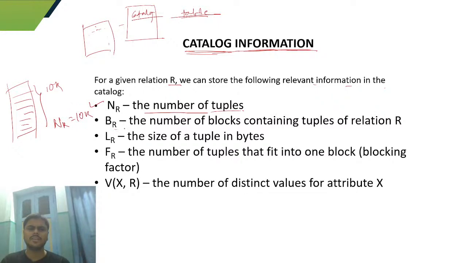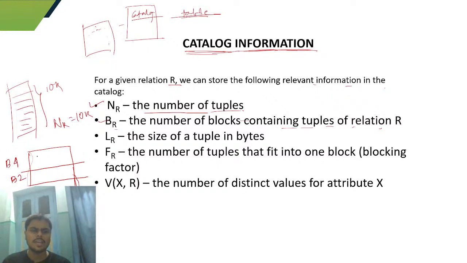The next one is BR. BR is the number of blocks containing the tuples of the relation R. Let's say this is your hard disk, which I have told you can be divided into multiple logical blocks, and let's say it is divided into four logical blocks: block 1, block 2, block 3, and block 4.